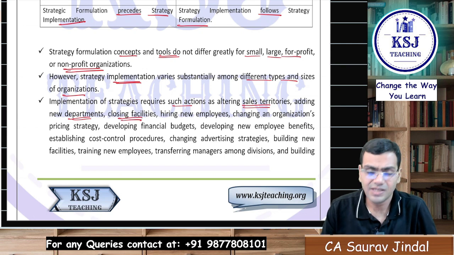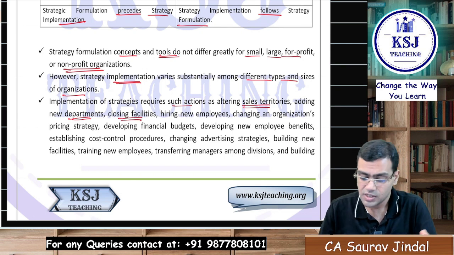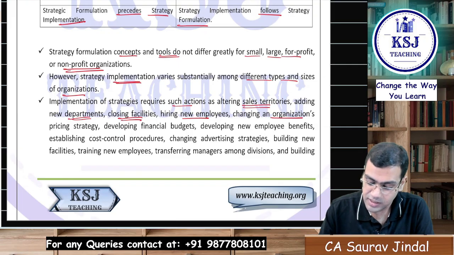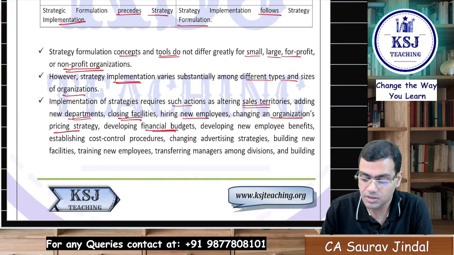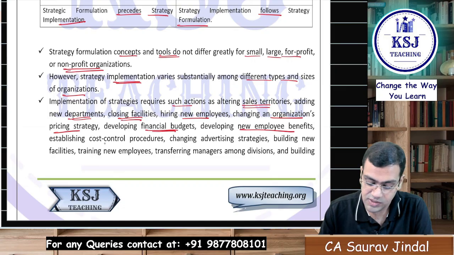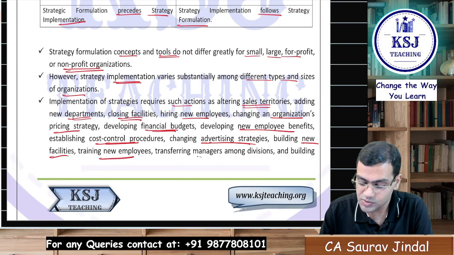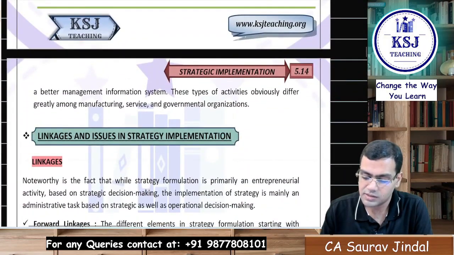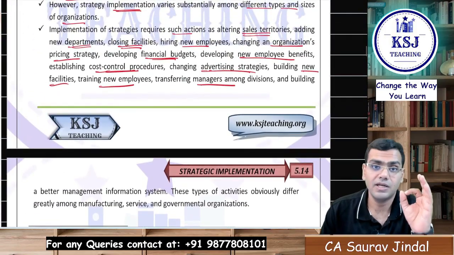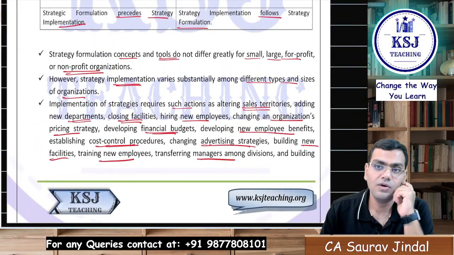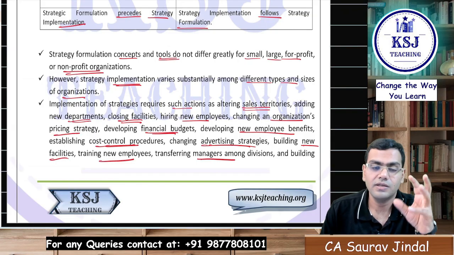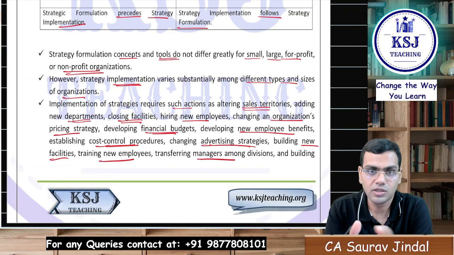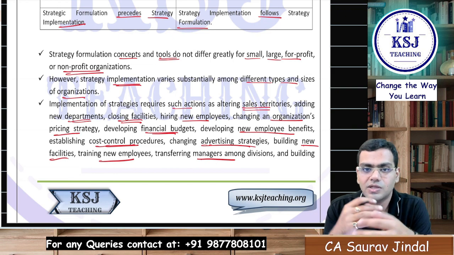Closing a few facilities, making changes in the business operations, hiring new employees, changing an organization's pricing strategy, developing the financial budgets, new employee benefits, establishing cost control procedures, changing the advertising strategies, building new facilities, training new employees, transferring the managers, and all these things will be required for the implementation. Broadly, if you talk about implementation, it will require changes in the operational structure, motivating the people, and changes in the manpower.